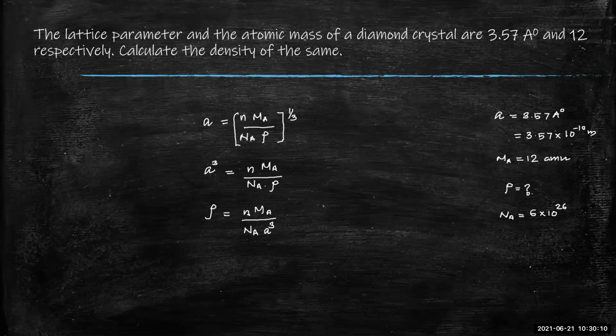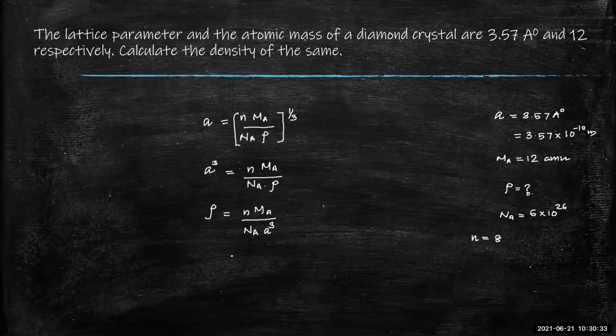And we know what small n is here: n is equal to the number of atoms in the unit cell of diamond. In the case of diamond, the number of atoms in the unit cell is equal to 8.